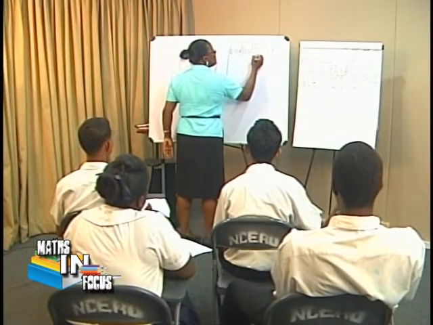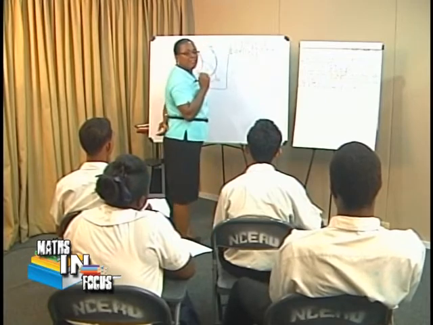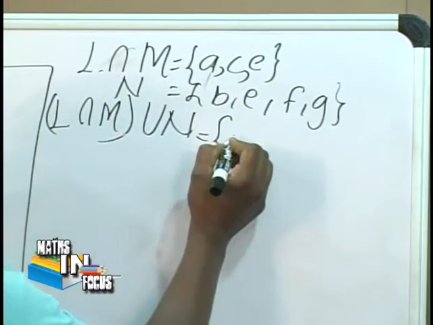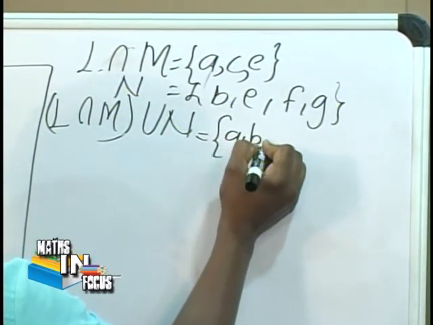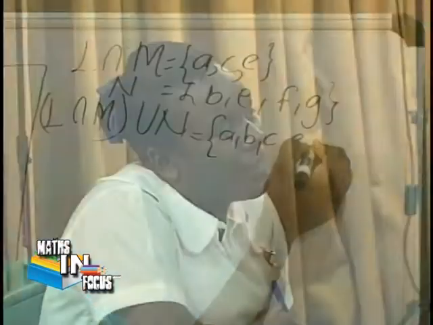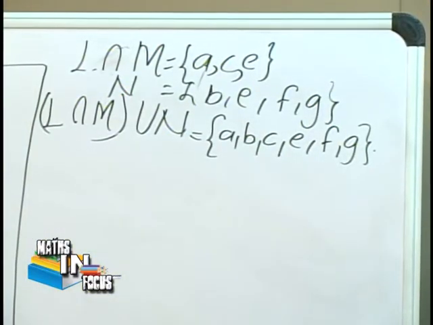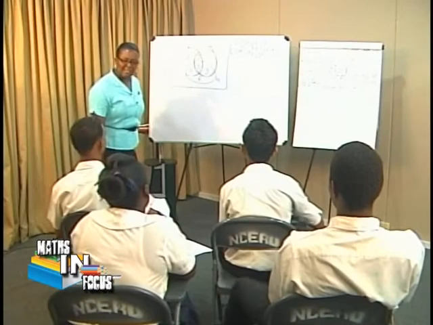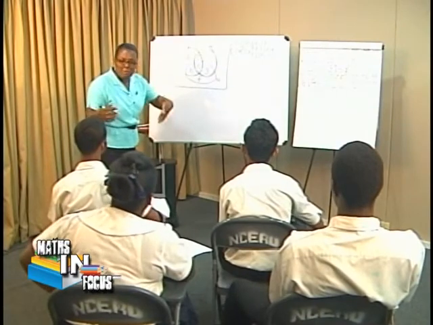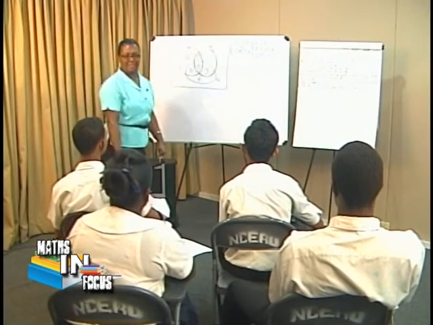What would be the first element? A, B, C, E, F, and G. Isn't that simple? So I don't know why it's a big cry about this is difficult and that is difficult. We gotta start from our minds.